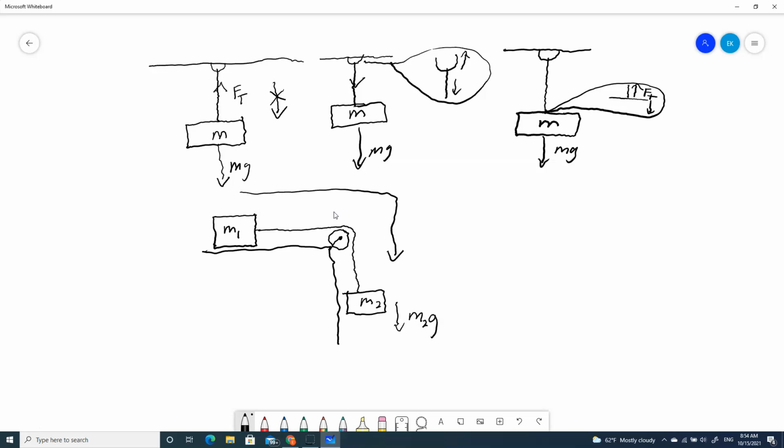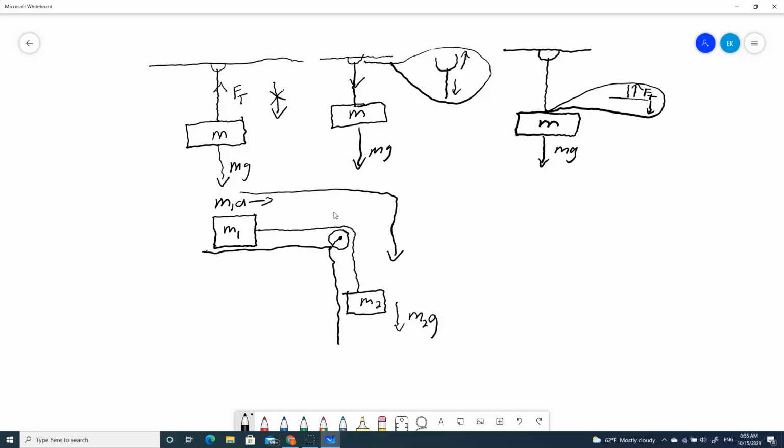And how do we exactly understand the tensions in the rope? So because this M1 is going to be dragged with a force of m1a. It's going to be dragged in this direction.